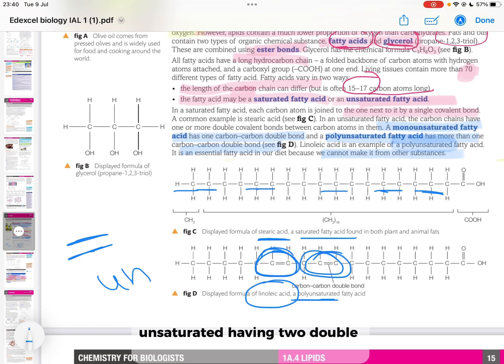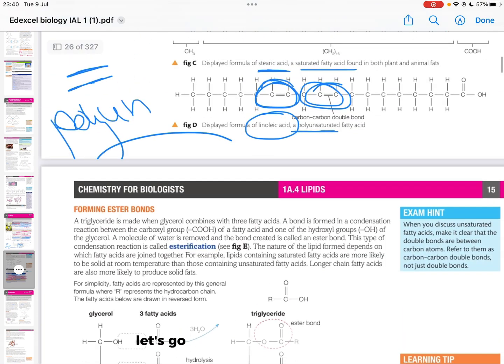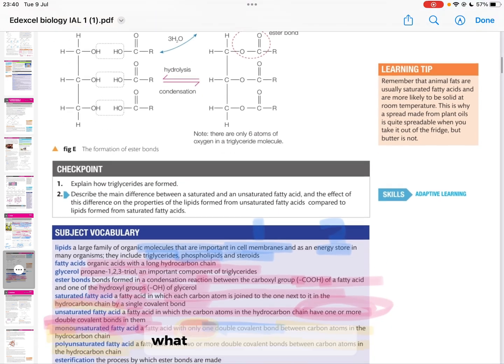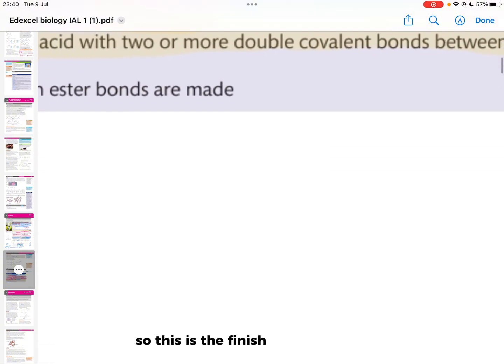Having two or more double bonds means it's poly. So this is the finish of it.